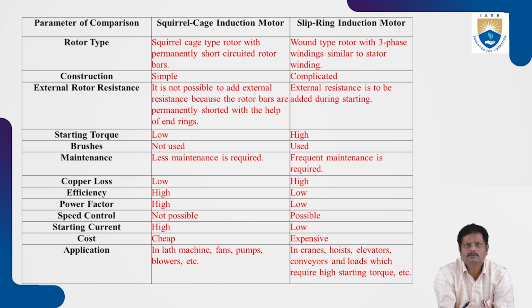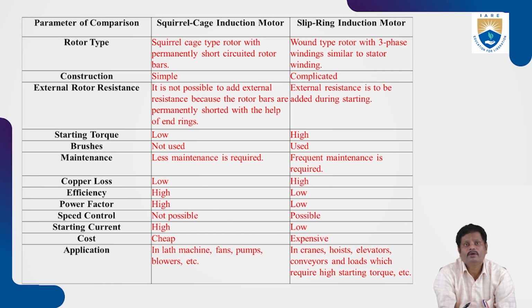Construction is simple for squirrel cage, and somewhat complicated in slip ring because of slip rings and brushes. So we cannot add external resistance. It is impossible to add any external resistance because the rotor bars are permanently short circuited. So we can't add any external resistance for the squirrel cage induction motor.